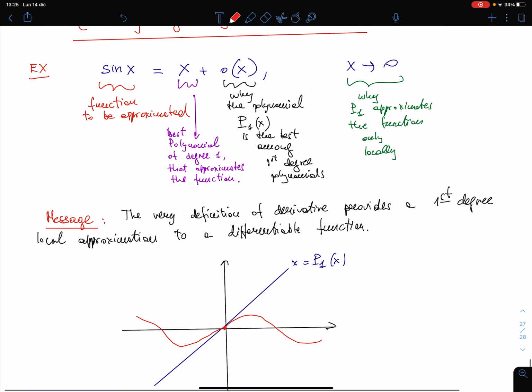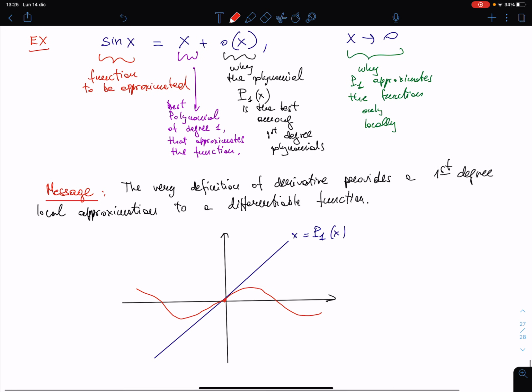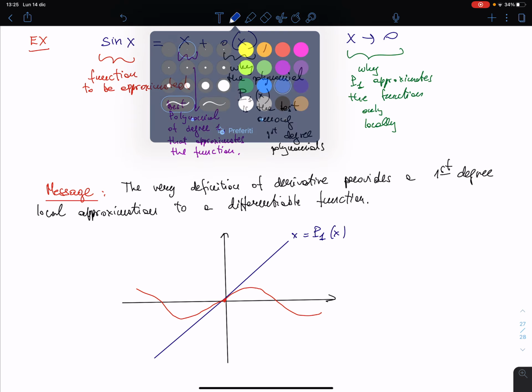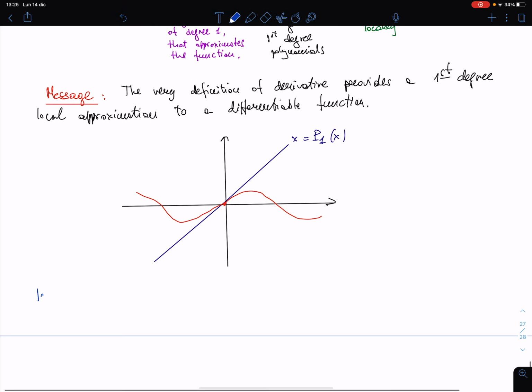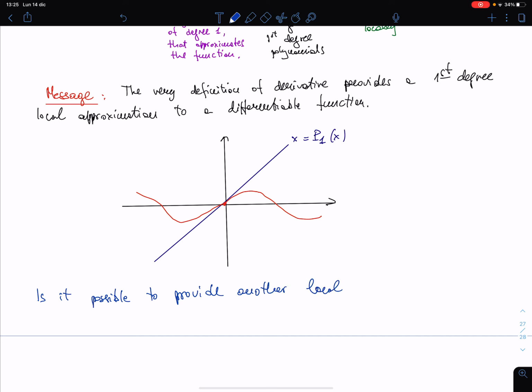So now the question is whether it is possible to provide an approximation to a function. So let me say another local again. I want to stress the word local. It is very important, because there is also a theory for global approximation, but it is much more advanced. You will never see it properly.